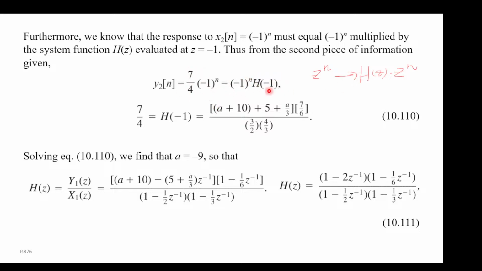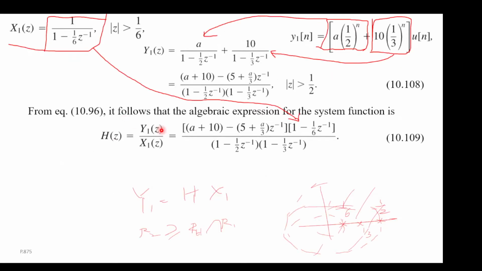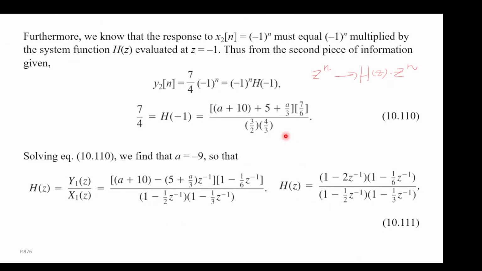So here H(-1) equals this number, 7/4. But we also have an expression of H with some unknown a here. So you put z equal to minus 1 into this expression, and you get 7/4 equal to this expression of a. This is actually a linear equation in a, and you can solve it, and you will find a equals minus 9.